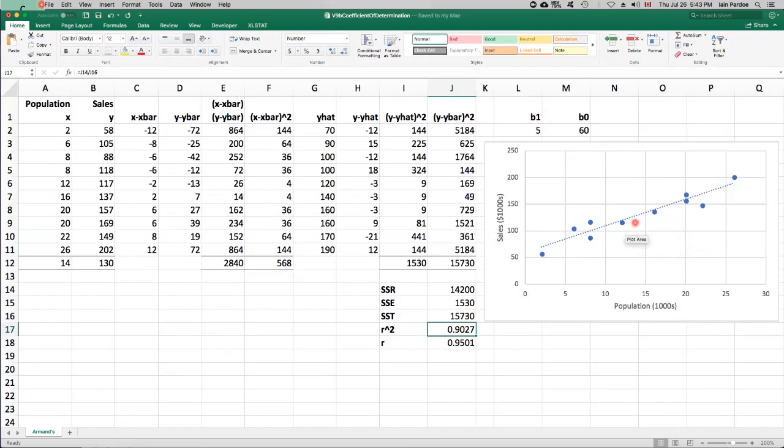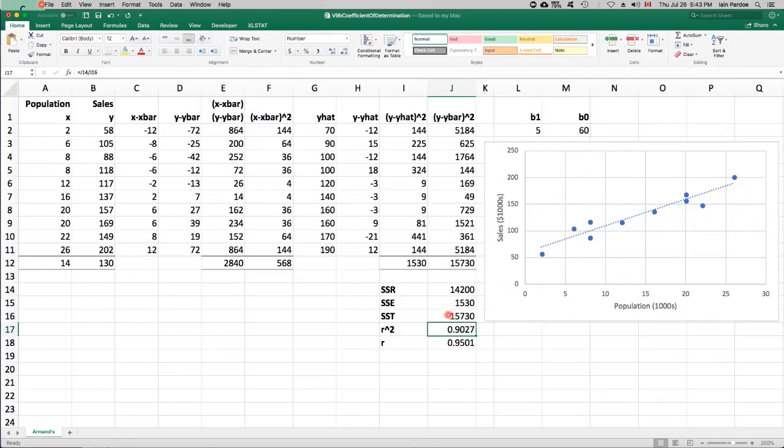Let's think of another extreme. Let's suppose we had just a random jumble of points here, no pattern whatsoever, and the regression line was flat. In particular, the regression line was right at y bar. Okay, so that would mean the sum of squared errors and the total sum of squares would be the same.